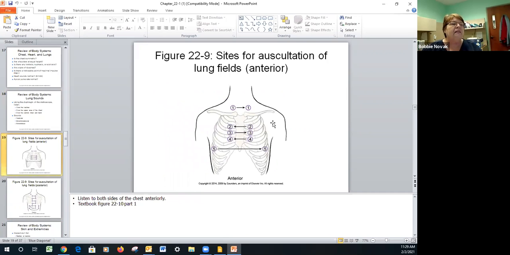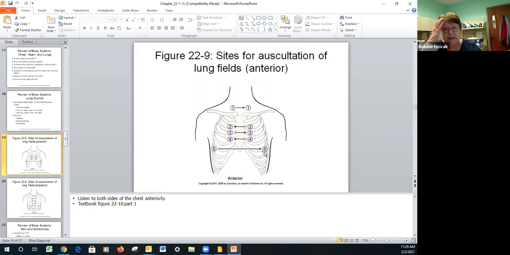So when we're listening to lungs, we're going to start up here above your collarbone because your lungs go all the way up here. All right. And you're going to start here and you're going to go across, and we're comparing side to side. So you're going to go across and then down and then across and down, across and down, across and down and across.